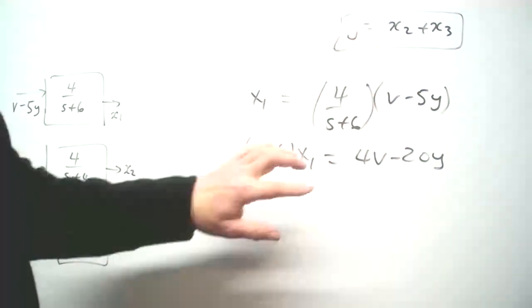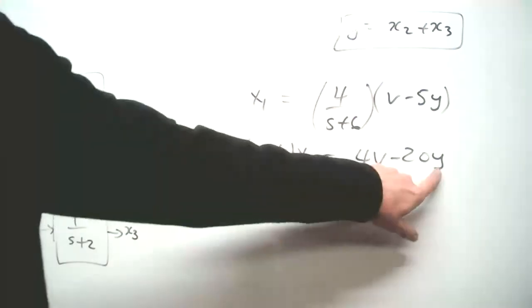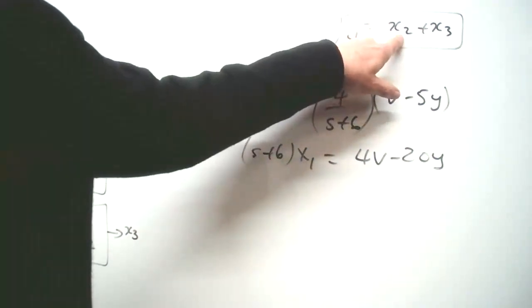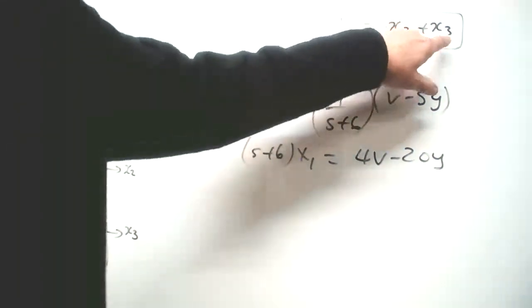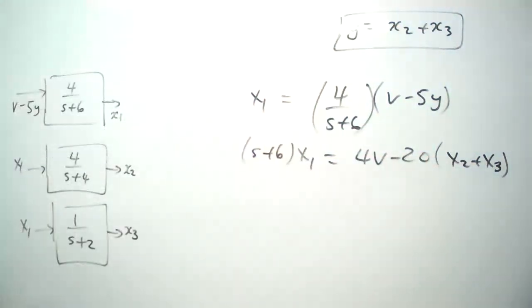In these equations you can't have y's, you've got to only have x's. So this y now is no good. So y is equal to x2 plus x3, and we can change the y to x2 plus x3. You can only have states here, but we had the y equation, so it was straightforward.